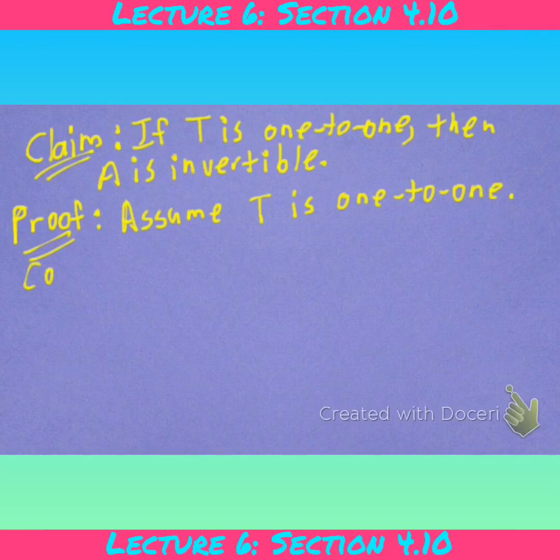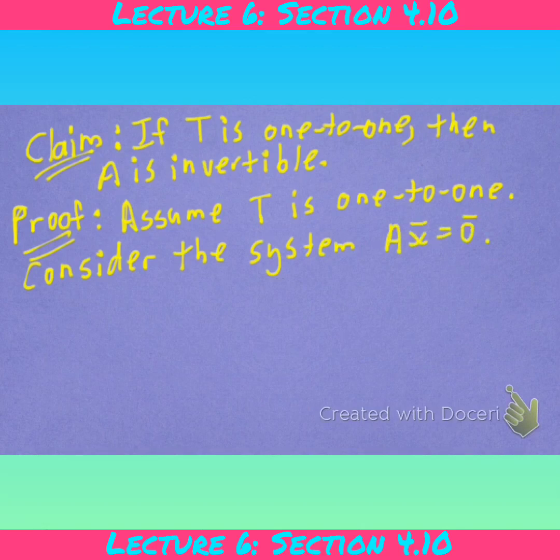Now we consider the homogeneous linear system AX equals 0. To show that A is invertible, we need to show that this system only has the trivial solution. So we want to show that x bar can only be the 0 vector.